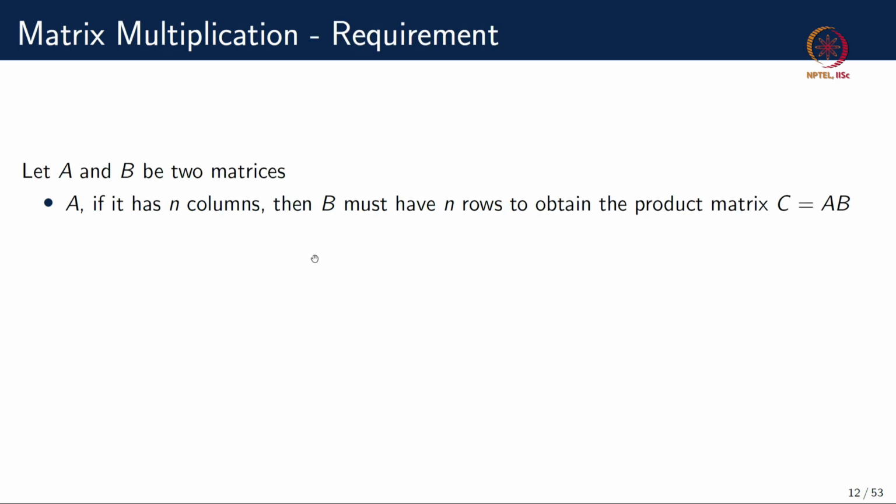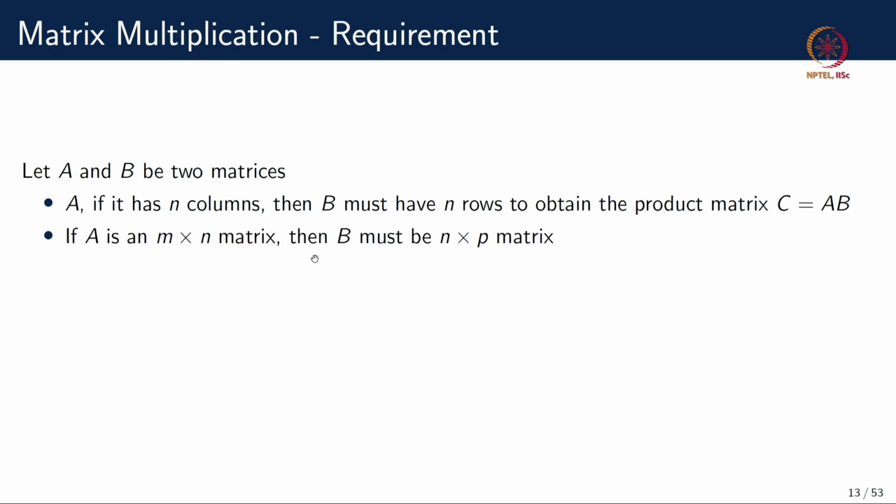Let A and B be two matrices. Say A is an m by n matrix. Then for us to find the product matrix C equal to AB, the B matrix must be an n by p matrix. C then has m rows and p columns.